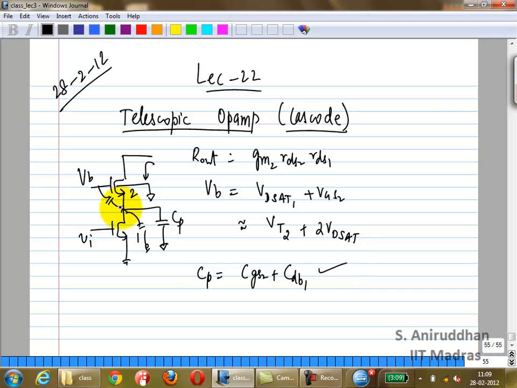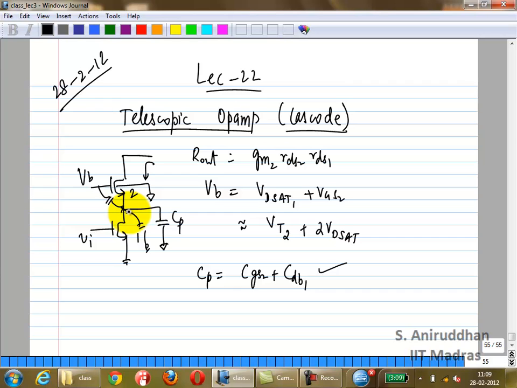But one thing we can clearly say, the minute you add a cascode, you're creating an extra node, right? So now that node will actually have a pole associated with it. The minute you go from a single stage to a cascode op-amp, we'll look at the cascode topology shortly, you're introducing a node which has a parasitic capacitance. And what is the impedance at this node?